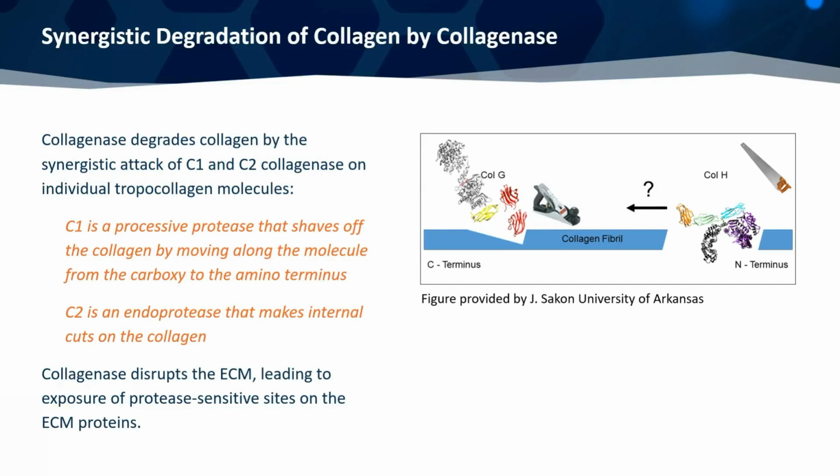And you can see what leads the charge, so to speak, is the collagen binding domains, and they pull the catalytic domain behind it. In contrast, C2 is an endoprotease that makes internal cuts on the collagen, as indicated by the saw. And in fact, these two are working in synergy. The cuts probably lead to more binding to the C1 and so forth.